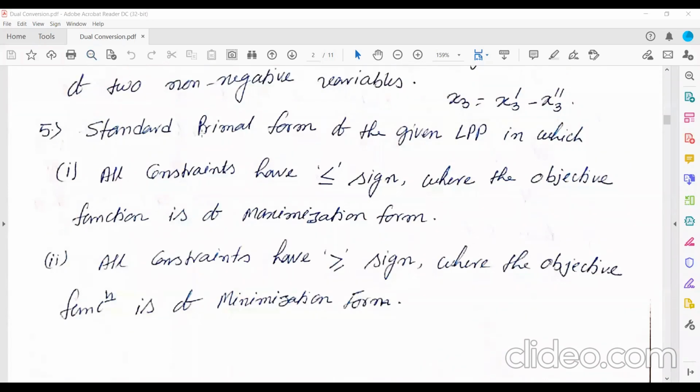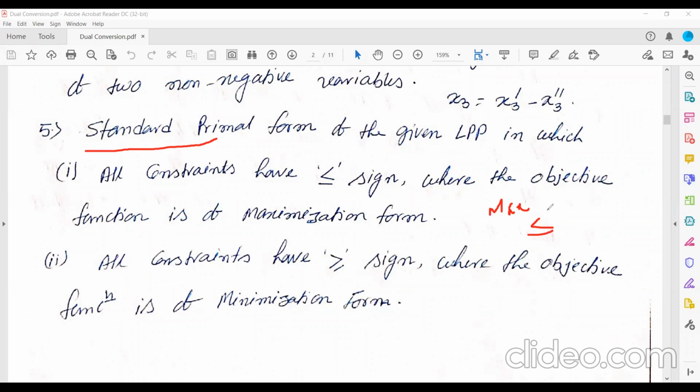So a standard primal form of the given LPP in which all constraints have less than or equal to sign is when the objective function is a maximization problem. So just the opposite of minimization. If your problem is a maximization problem, then when you are writing the standard primal, all the constraints will be less than or equal to.